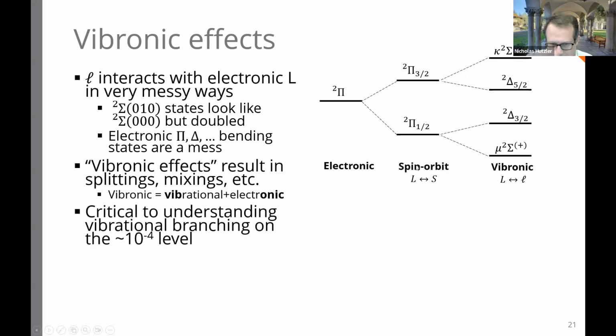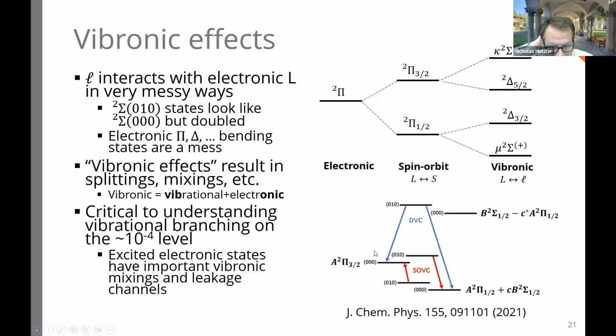And it turns out that if you want to understand vibrational branching at the 10⁻⁴ level or better, which is what you need if you want to do magneto-optical trapping, you have to understand these vibronic effects very well, even if you're not including any bending mode states in your cycling scheme.